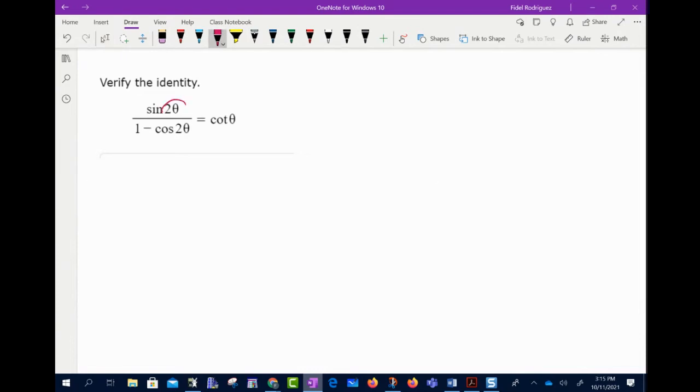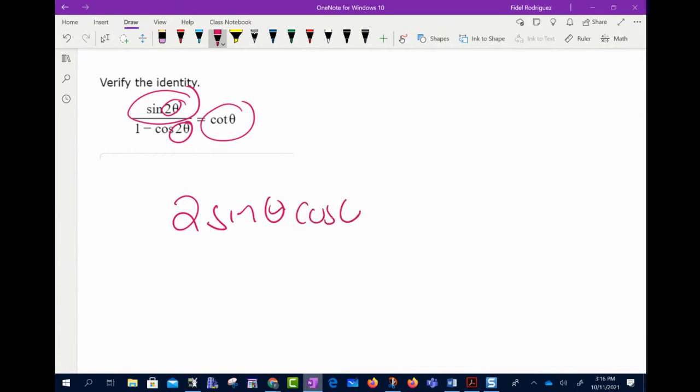So the first thing I would say is, if you look here, we have 2 thetas, and our answer at the very end only has what? 1 theta. Okay, so we want to make sure we don't write anything with 2 thetas. Okay, so a little while ago, y'all told me that this was sine theta, cosine theta, right? Okay, over 1 minus.